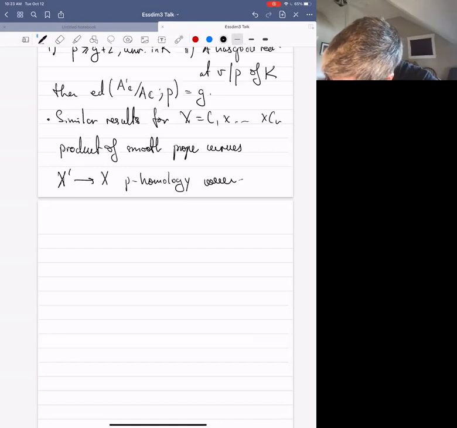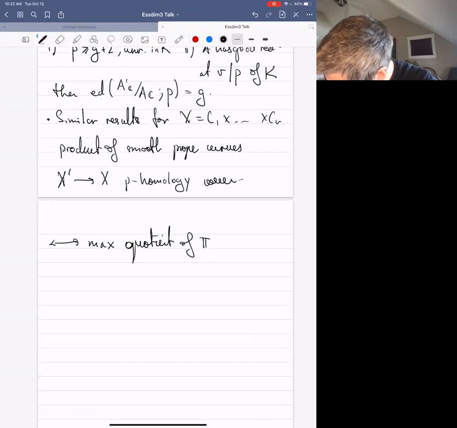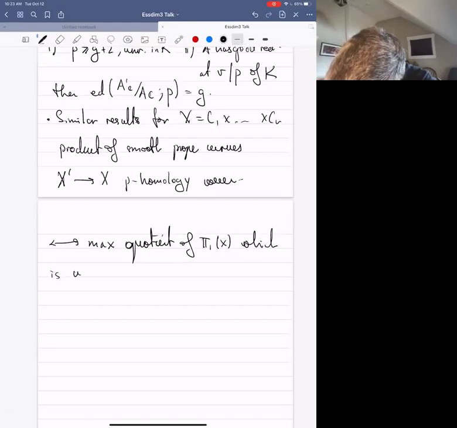This is just the cover which corresponds to the maximal quotient of pi1 of X which is an elementary abelian P group.